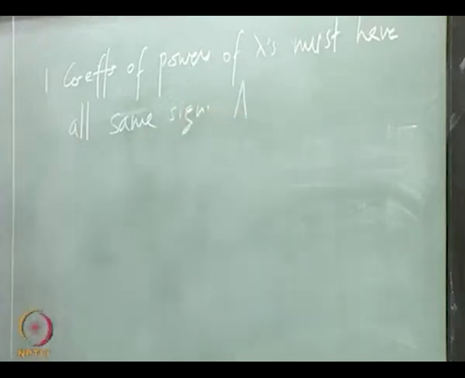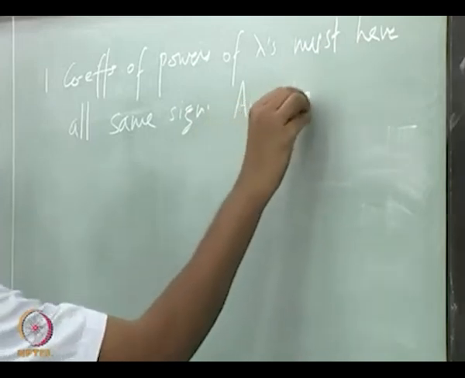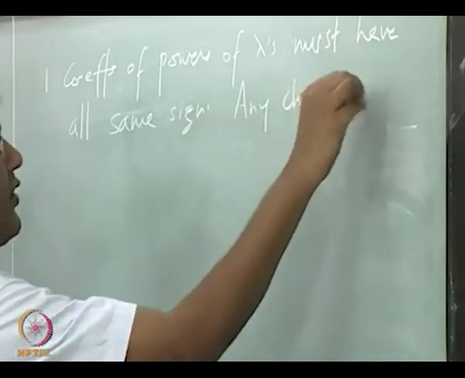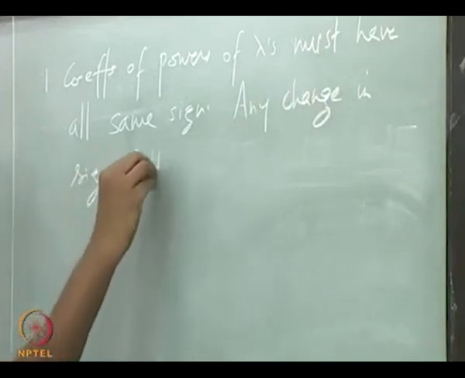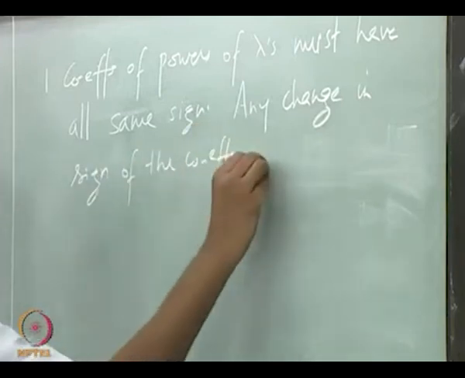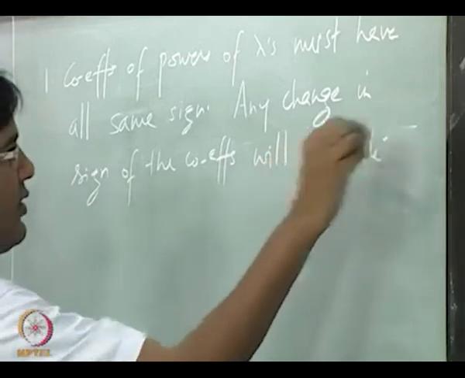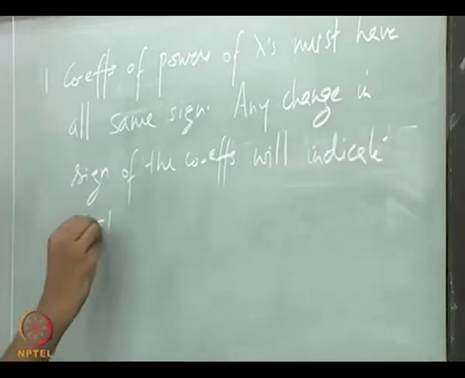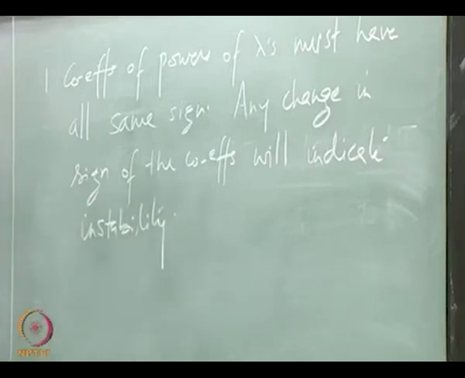See, if it is negative, I can take it to the right hand side and all the coefficients of the quartic will be positive. Right, that is condition 1.